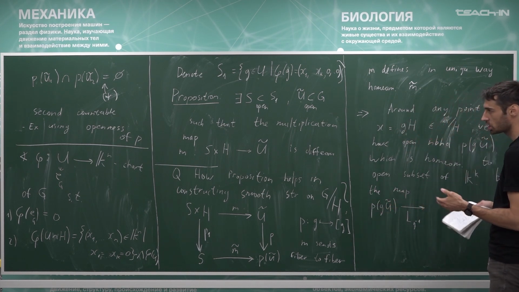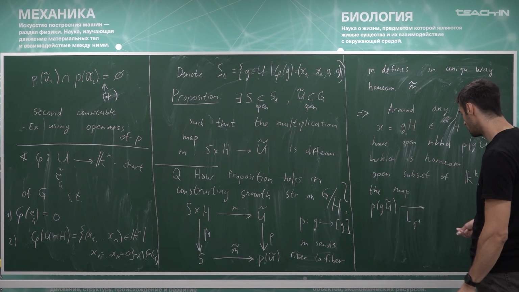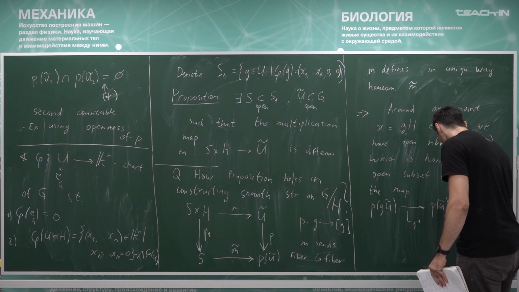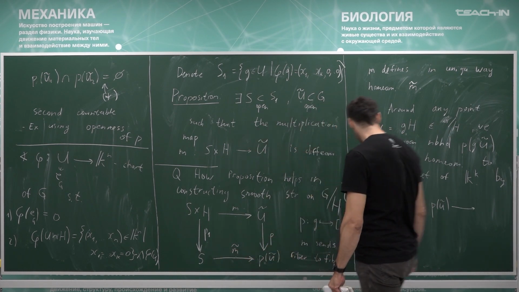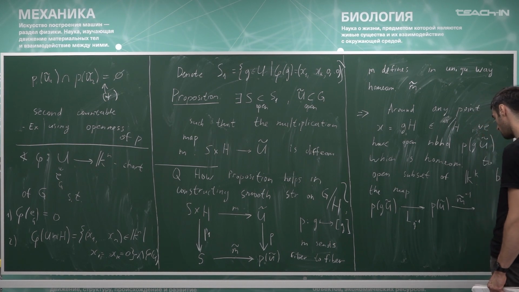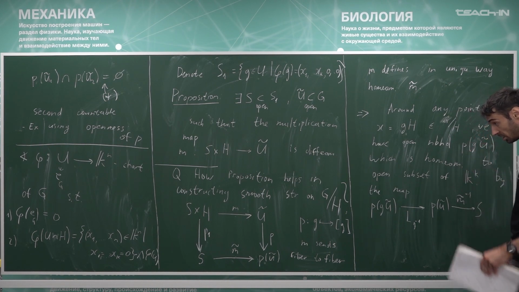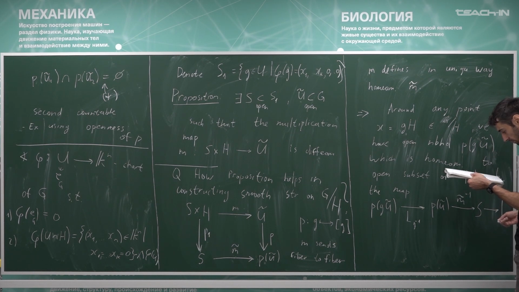And left multiplication can be on G or on G quotient by H as well, which maps this to P of U tilde. But then I map this by, so this is a homeomorphism, I can take the inverse of it and get to S. And then S is mapped. On S we already have a chart.